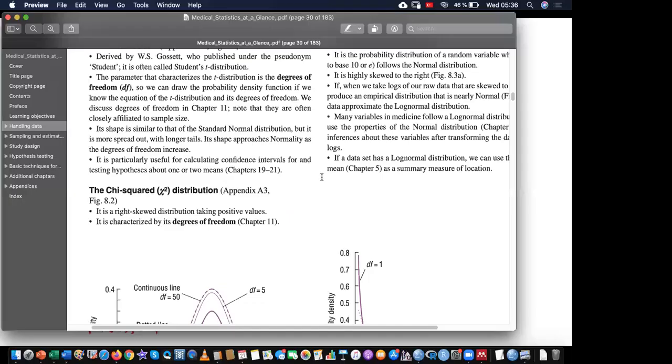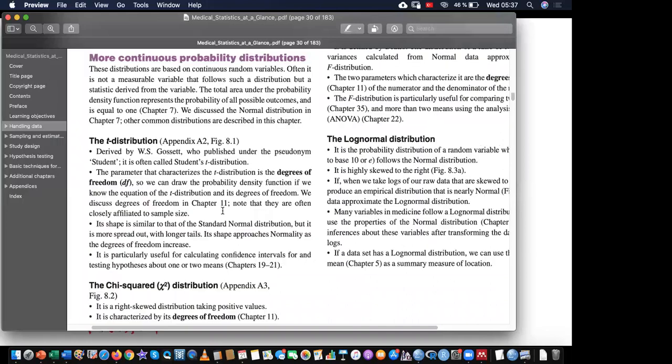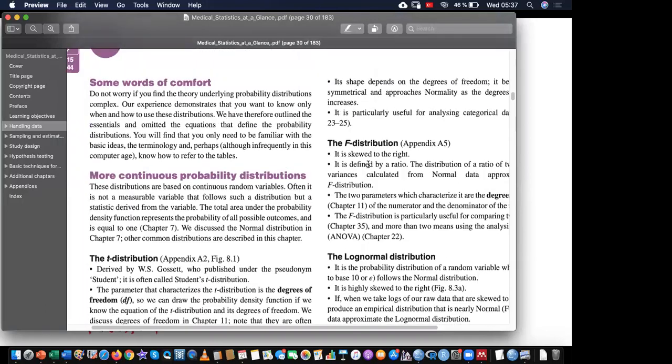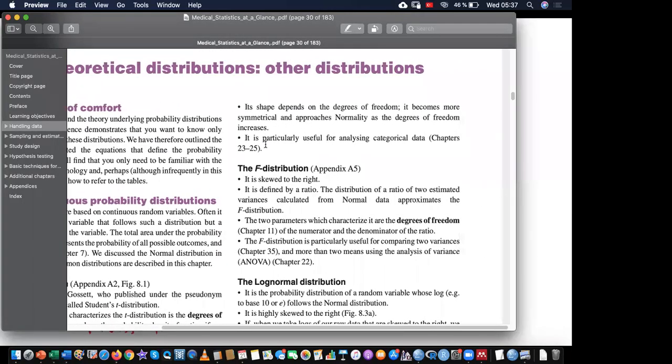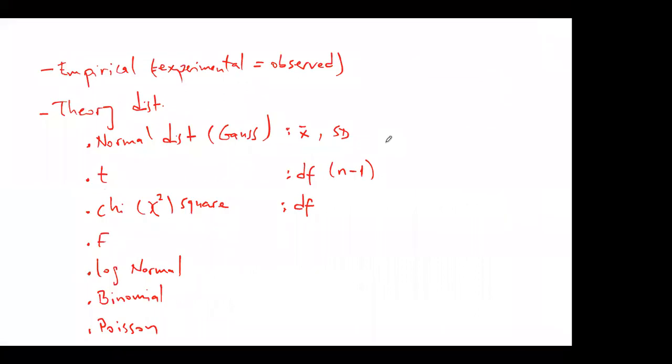But this chi-square distribution is particularly useful for analyzing categorical data. You already know that the chi-square test is applied for categorical data. And if you have categorical data, you will have cross tables like this here. You will have cross tables.